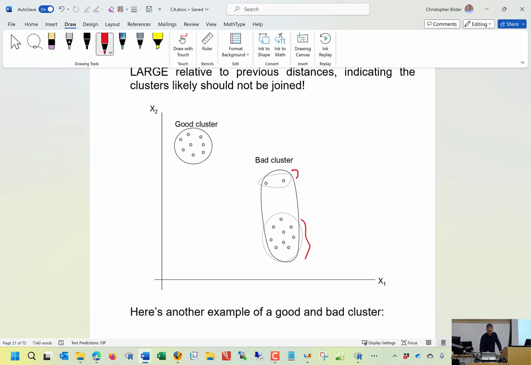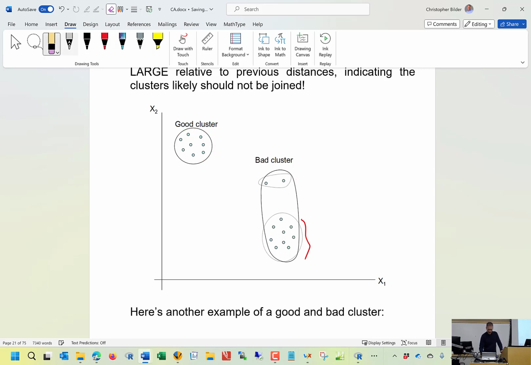So perhaps, for example, when we had 4 clusters, we might have had something that looked like that. And if I were to look at the distance between this cluster and this cluster, the distance would be relatively small.